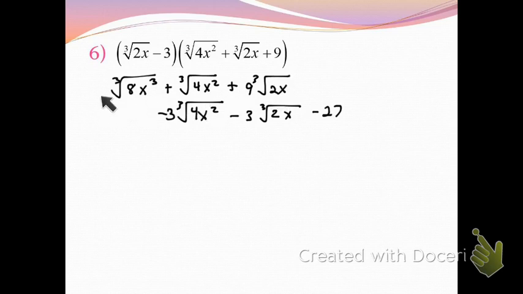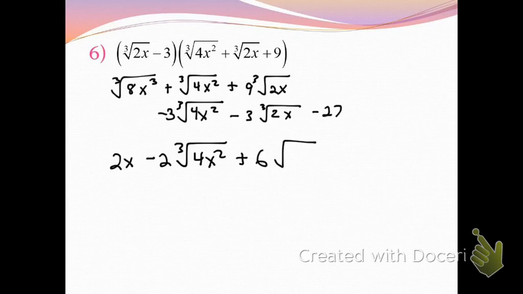So then, question, guys, be careful right here. What's the cube root of 8? 2x minus 2, because 1 minus 3, so minus 2 cube root 4x squared plus 6 cube root 2x minus 27.